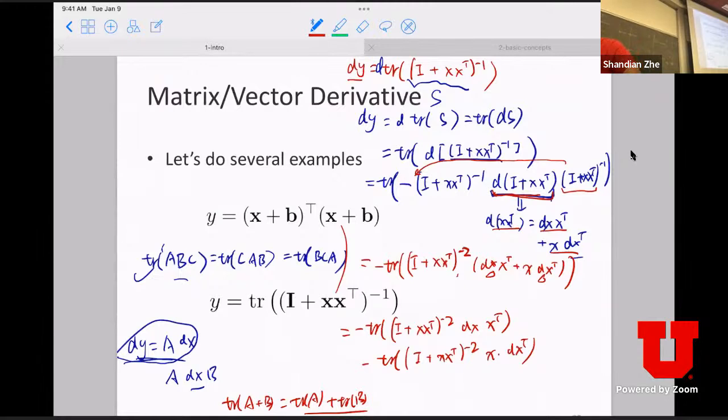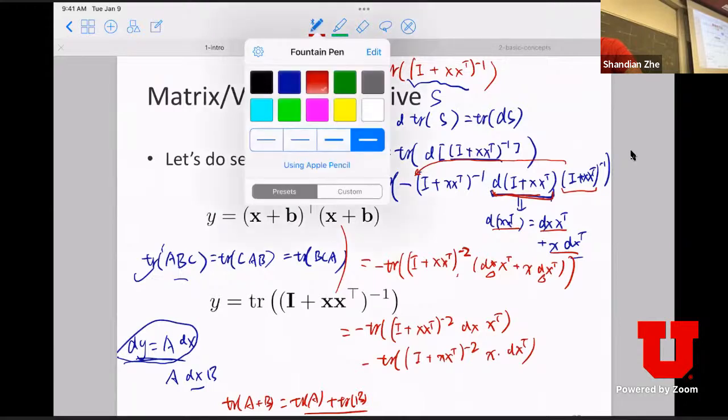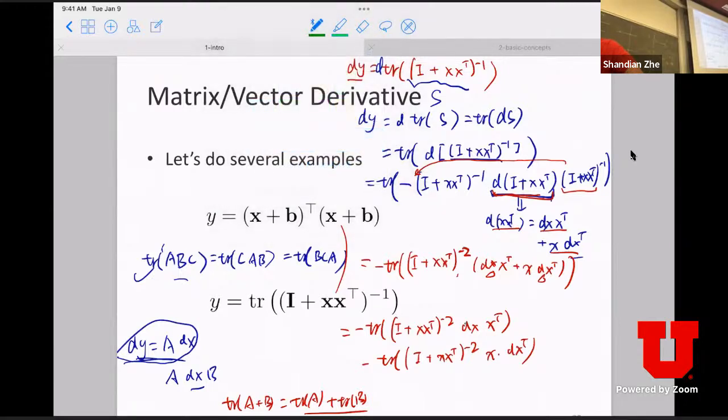Now let us look at each trace term. For the first one, applying this rule again, we can move x transpose to the front. So you get minus trace x transpose (I plus x x transpose) to the -2 dx.